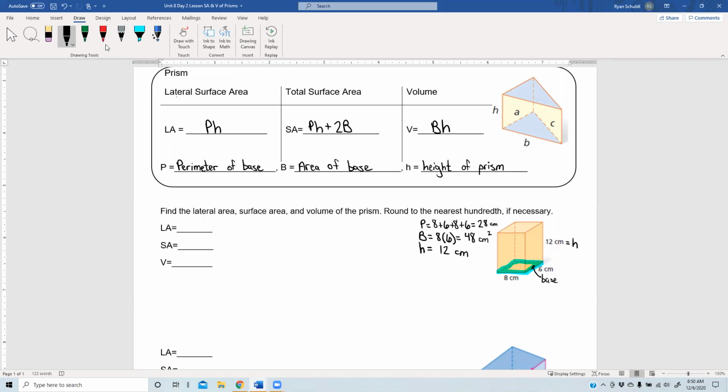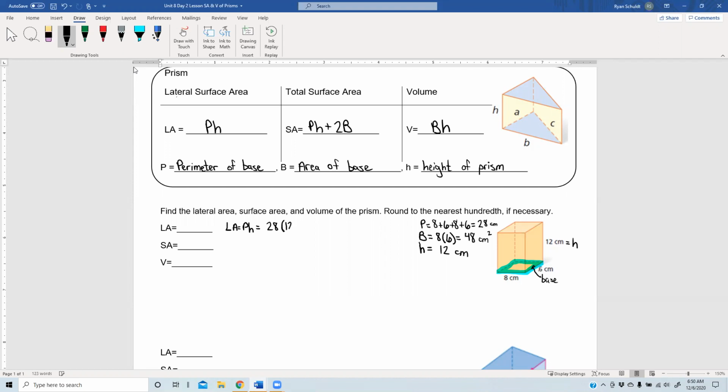Now, we have everything we need to answer our 3 questions: lateral surface area, total surface area, and volume. It's just a matter of can we plug it in. So lateral area is perimeter times height. We said the perimeter over there was 28.